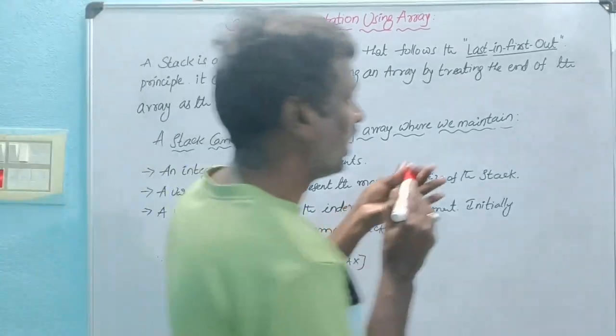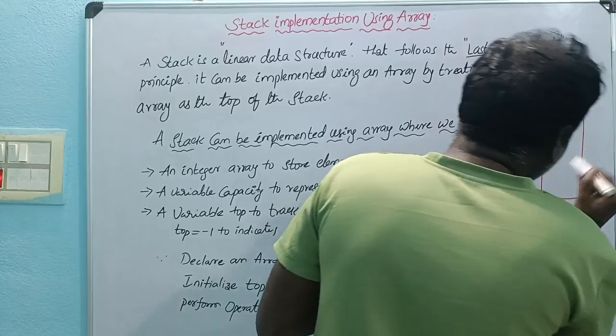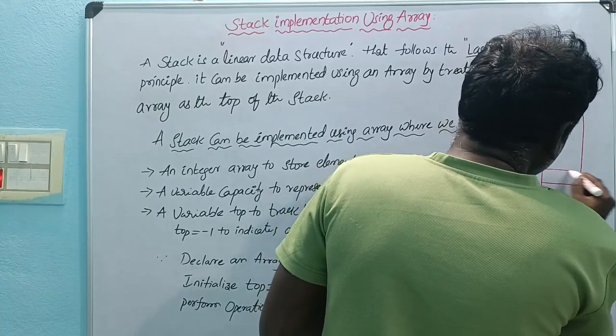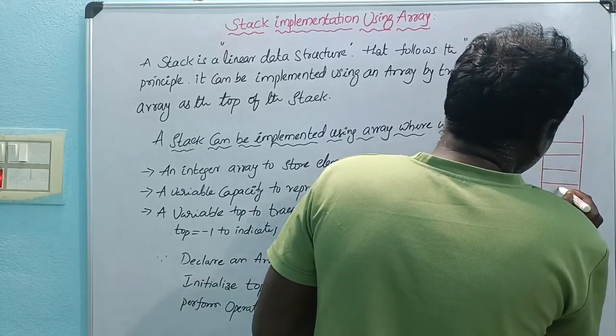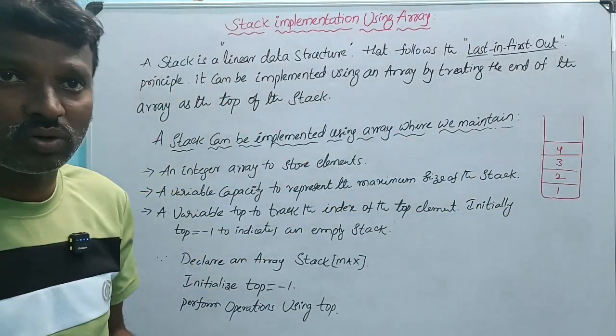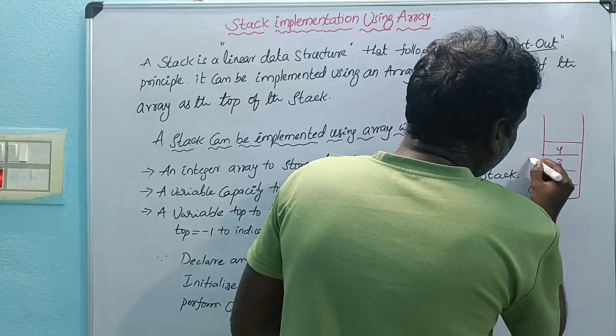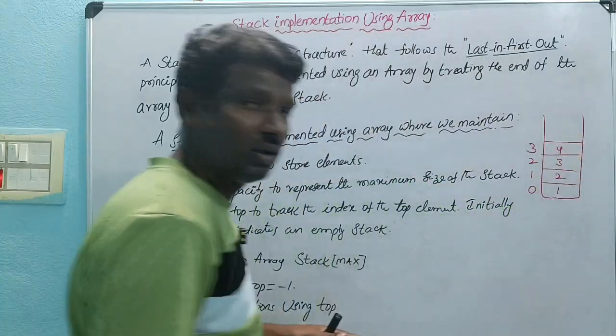See the example diagram. This is your array. Here some elements are stored, and the index of the array starts with 0, 1, 2, 3.